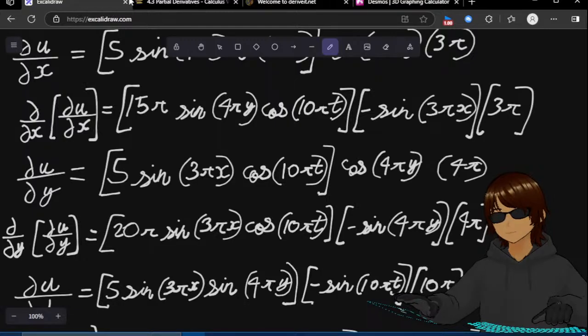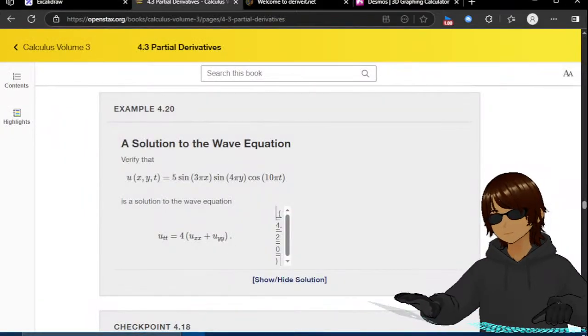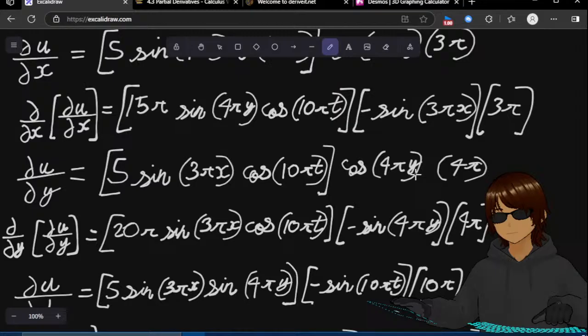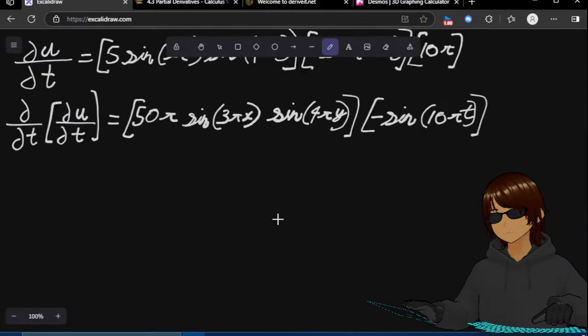So now what? We have sine 3 pi x, sine 3 pi x over here. What can we extract?